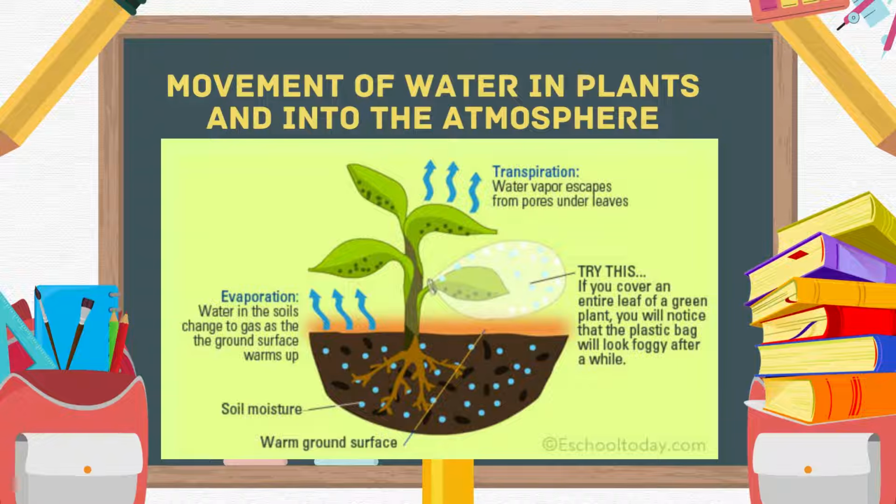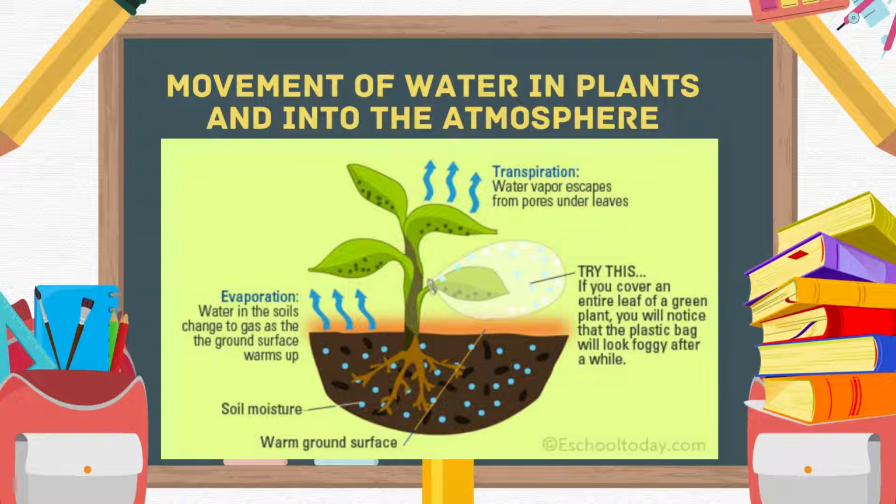So this is basically the spontaneous rise of water in the xylem vessels. Then we've got another force that influences the movement of water in plants, which is the adhesion force. So this is the force of attraction between two different types of molecules. But it's different to the cohesion force, because the cohesion force is the force of attraction between molecules of the same kind. And then we've got another force, which is the transpiration suction.